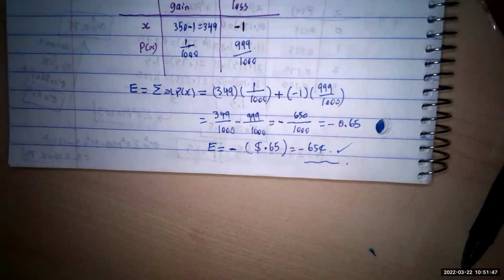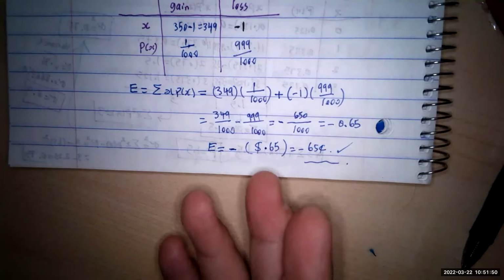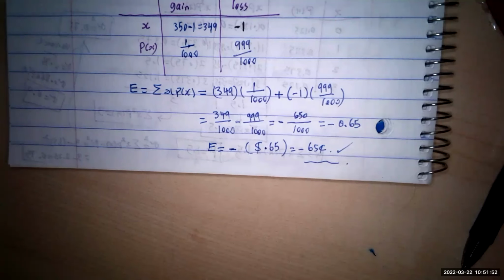Okay, so that's going to be the expectation from your point of view. You can set up this formula from the company or the organizer's point of view. The organizer is sure that they are going to win money because on average they are going to win 65 cents. Okay, so this is how we set up this type of problem.